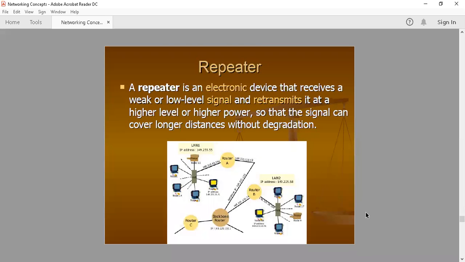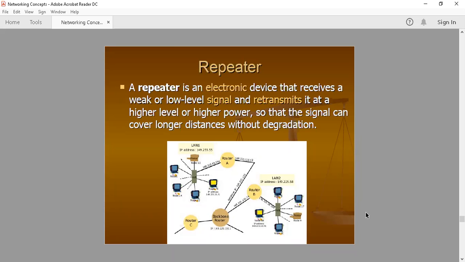A repeater is an electronic device that receives a weak or low signal and retransmits it at a higher level so that the signal can cover a longer distance without degradation.